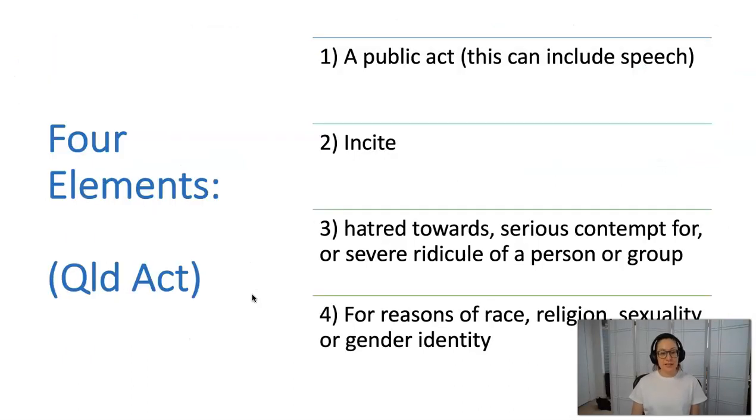And again, we can break those into its constituent elements. A public act, again, this can include speech, that must incite hatred towards, serious contempt for, or severe ridicule of a person or group for reasons of race, religion, sexuality, or gender identity.